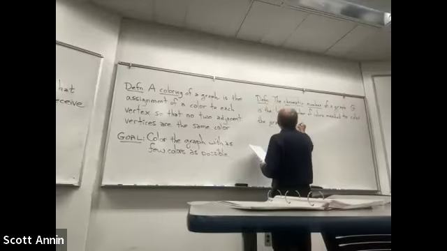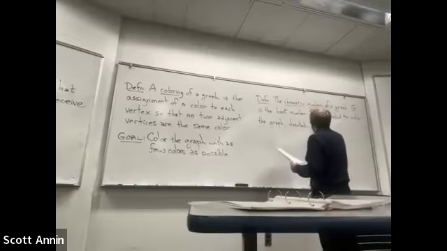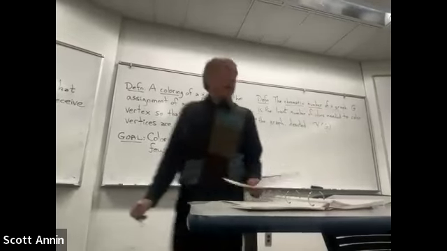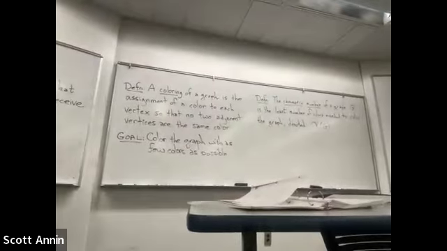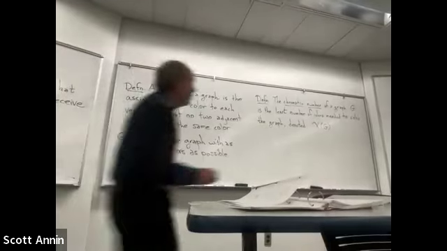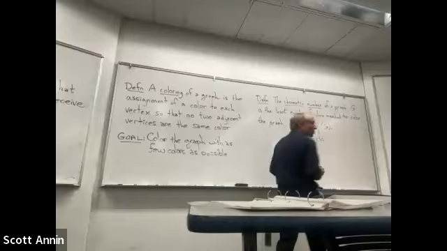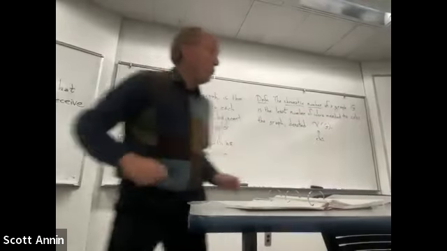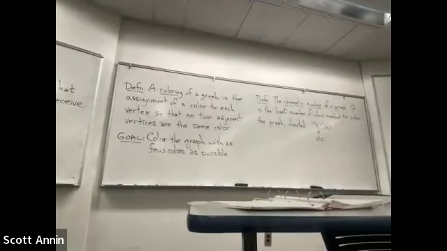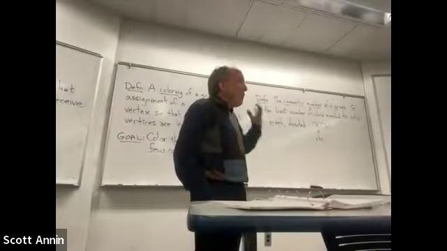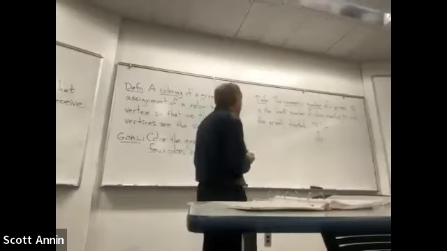And this is denoted, as you saw on the exam, with this script X. It's called chi, a Greek letter chi, C-H-I. So chi of G. And that is standard notation. It's not just from this book. It's pretty well established. So we should try to use that for the chromatic number of a graph. Okay. The fewest number of colors that we can get away with.